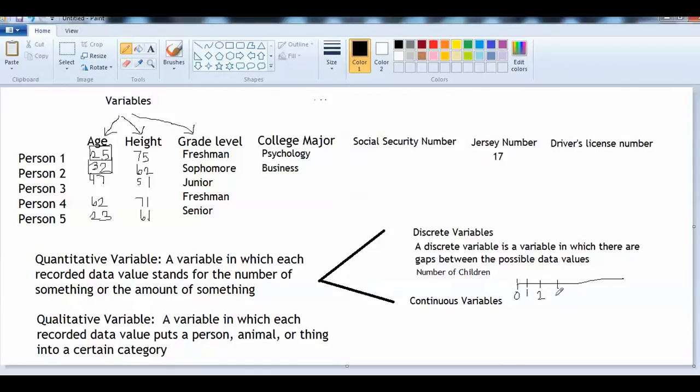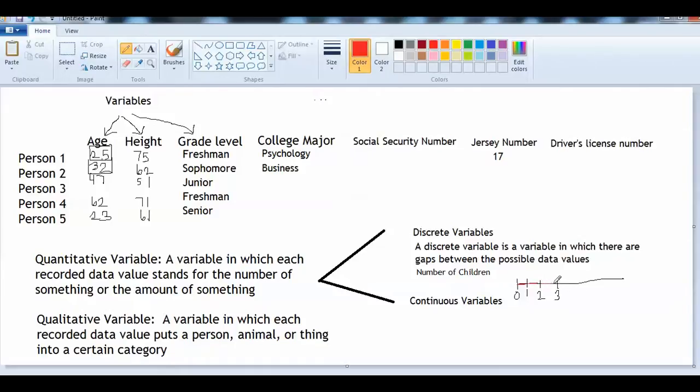A person will never say, I have 2.5 children, or 2.7 children, or 1.3 children. So in between these possible data values, there are gaps where you'll never find a data value. You'll never find a person who has a number of children between 0 and 1, or between 1 and 2.